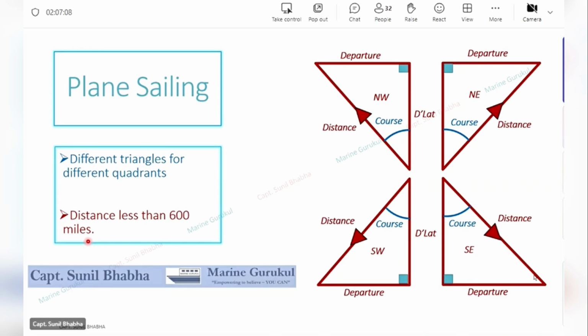So we use this form of sailing for distances less than 600 nautical miles. What is to be done for distances greater than 600 nautical miles? For that we use our third rhumb line sailing, which is known as the Mercator sailing.